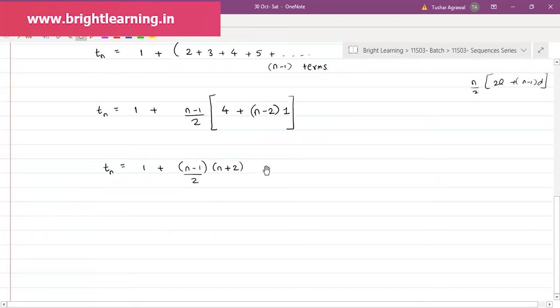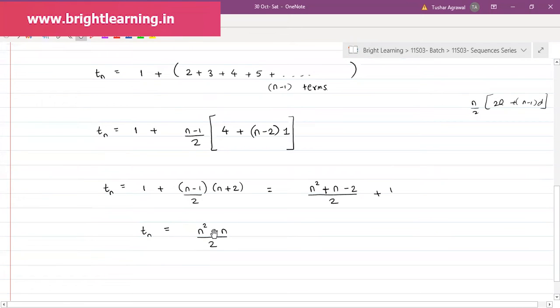So Tn is equal to n square plus n minus 2 upon 2 plus 1, which simplifies to Tn equals n square plus n upon 2.